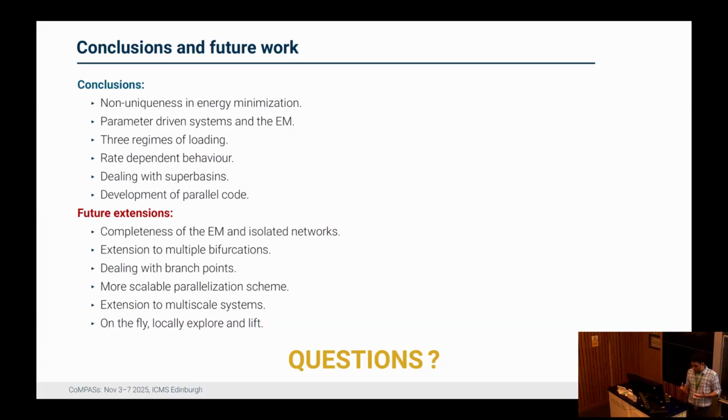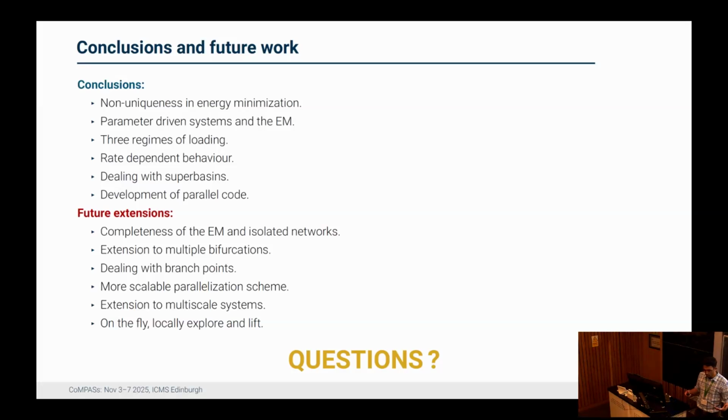So there should be a way, maybe through deflation techniques or some other methods, to come up, at least in a particular region of the potential energy surface, with a properly connected kinetic transition network. That is one of the things I want to do if I have time.